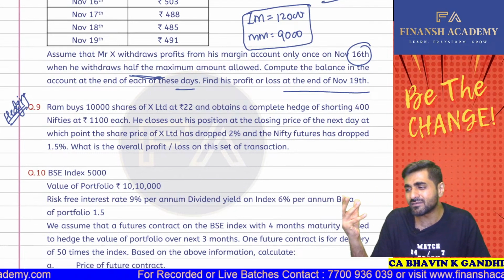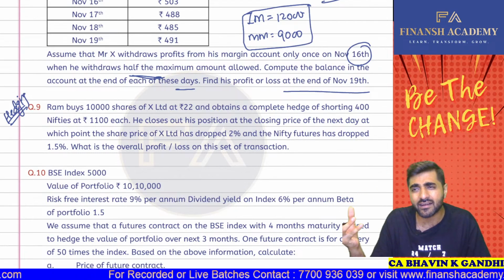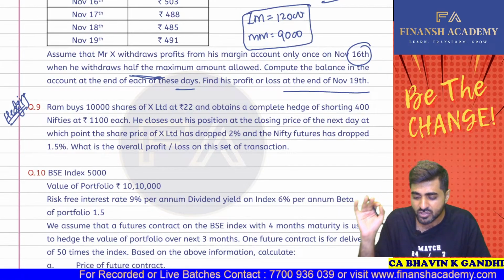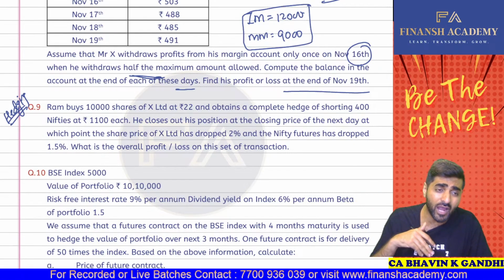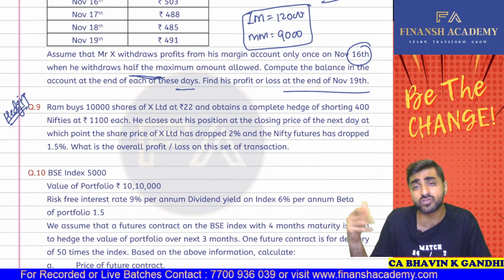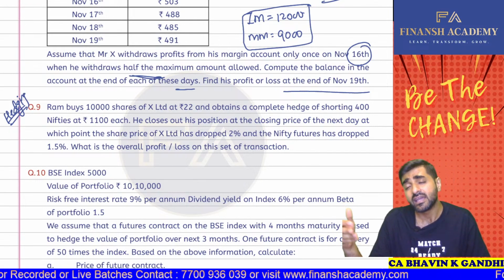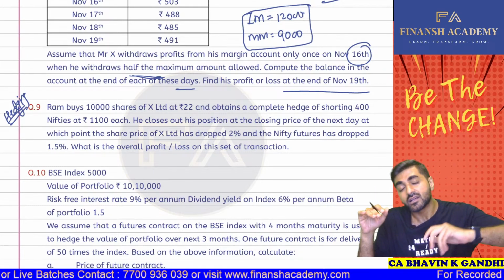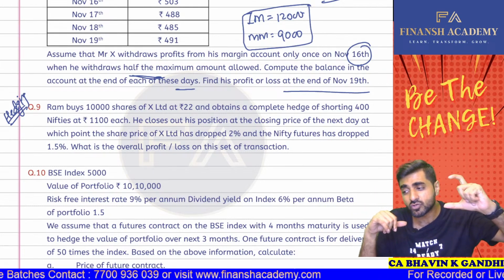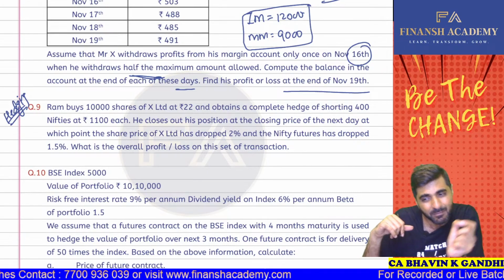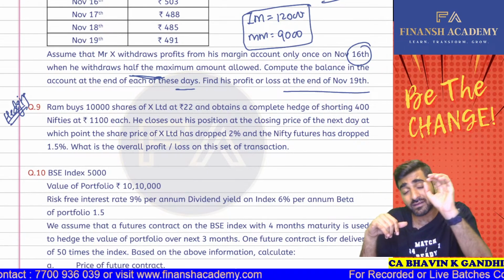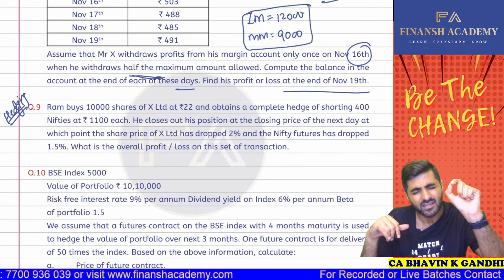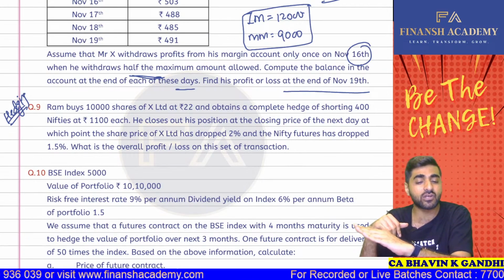Suppose that derivative instrument is Nifty futures, and you have an option of shorting it, then you can short that Nifty futures. And if you short it, definitely if the market falls, whatever is the profit in the Nifty futures will compensate the loss in the particular portfolio.